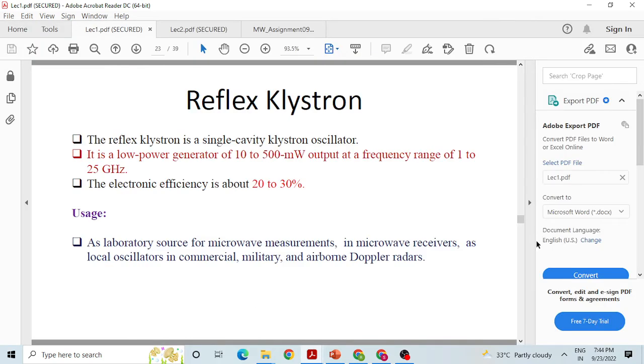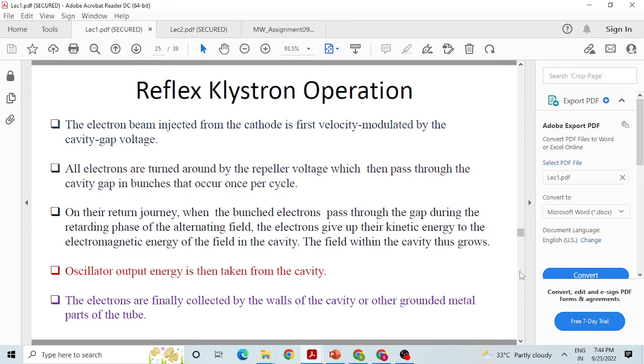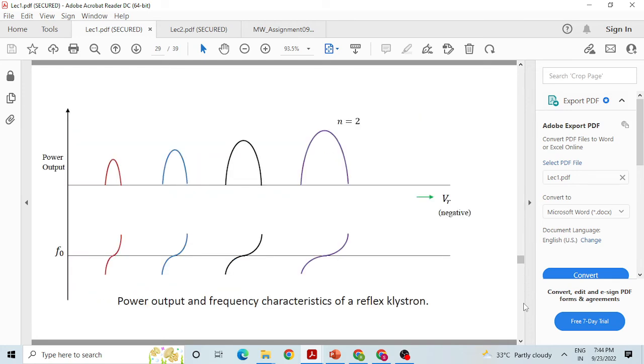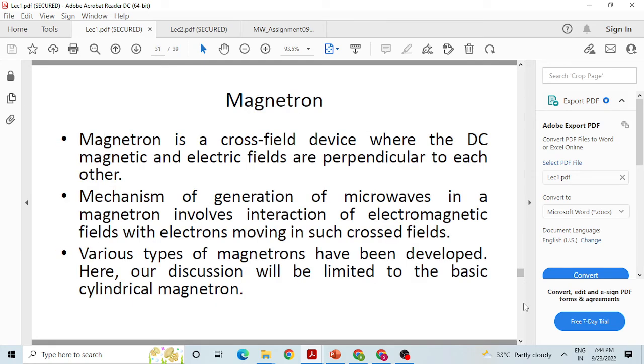So your question is, if I decoded it correctly, how the magnetron works? Yes. So basically, magnetron is a cross field device, where the magnetic field and electric field are perpendicular to each other. So you agree with me on that, right? Yes, I am clear, ma'am, but how are the microwaves generated from that cylindrical structure?